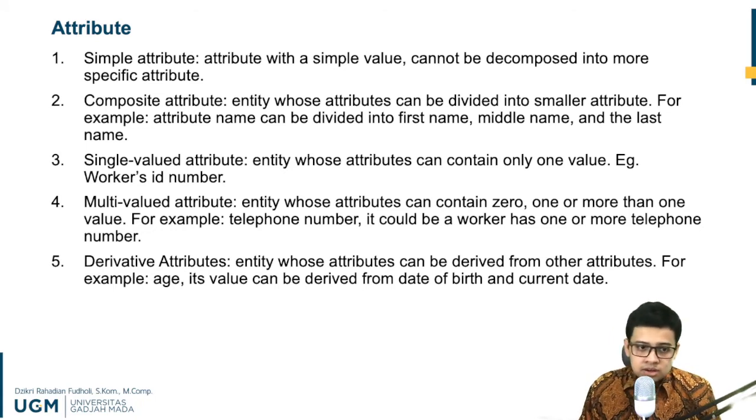The fourth one is the multi-valued attribute. This attribute can contain 0, 1, or more than one value. For example, telephone number. Nowadays, here in Indonesia, and maybe around the world, it's very common for us to have two mobile phones with two different numbers.